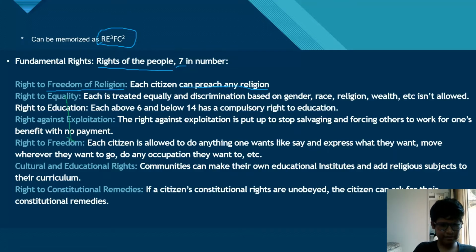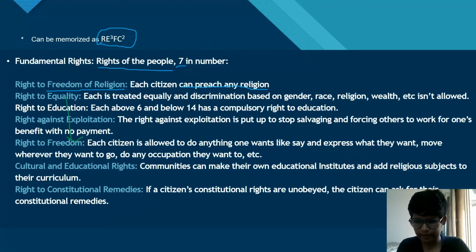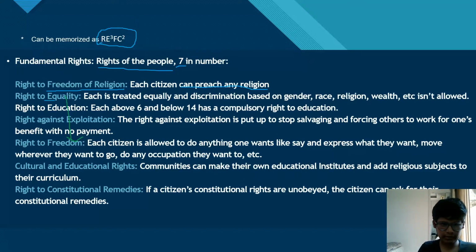Right to freedom is correlated here, as it's a part of it. So then let's get back to the right to equality, which is the next one. In the right to equality, each citizen is treated equally and discrimination based on gender, race, religion, wealth, etc. isn't allowed.